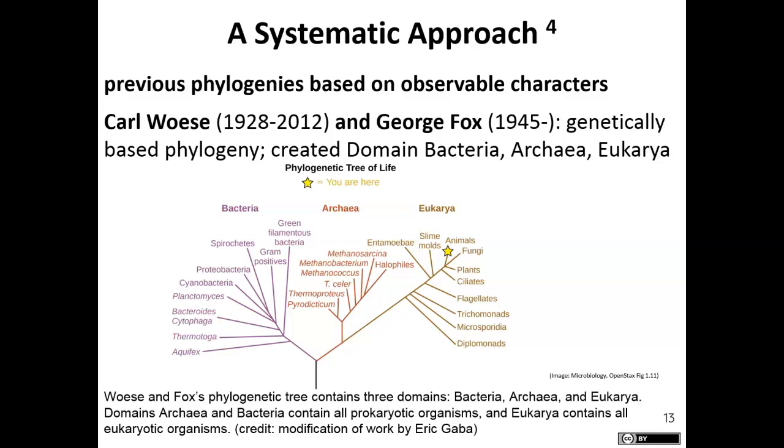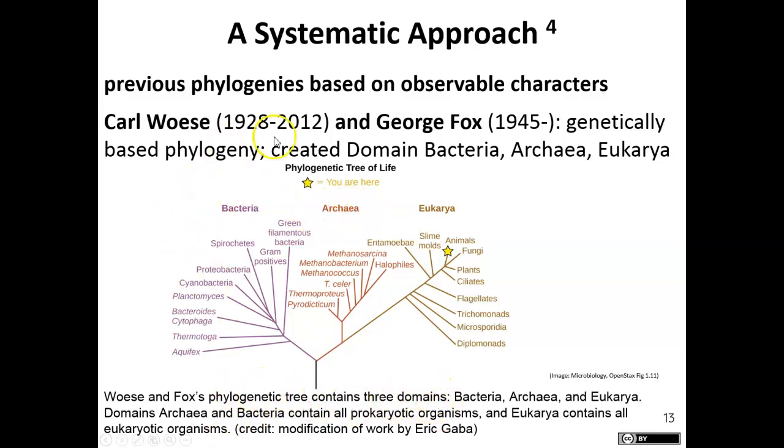Then Carl Woese and George Fox took what we were doing up a notch and started genetically basing phylogeny. So they started looking at what organisms' genes look like and putting them into different groups. And so their phylogenetic tree contains 3 different domains.